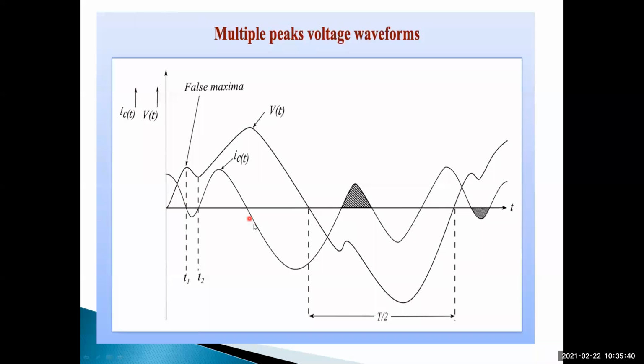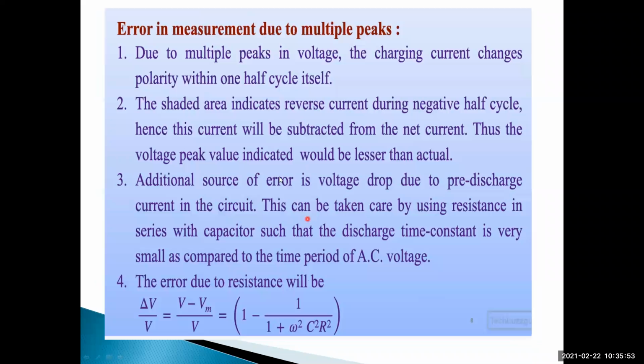Our actual direction of the current waveform is like this, but because of multiple peaks the direction of the current is changing, and that causes errors.